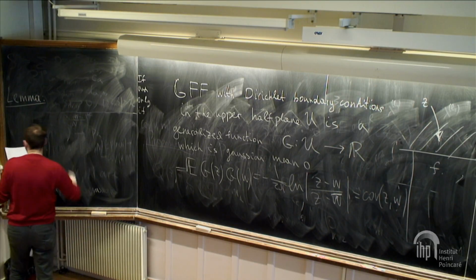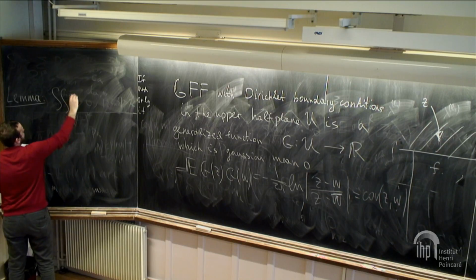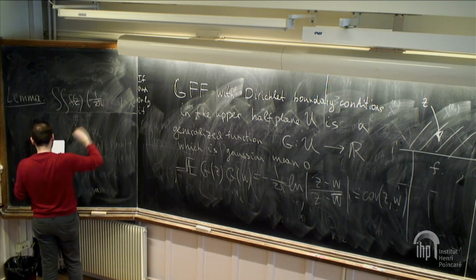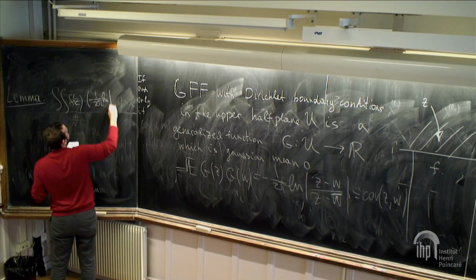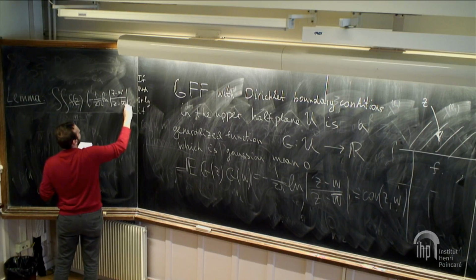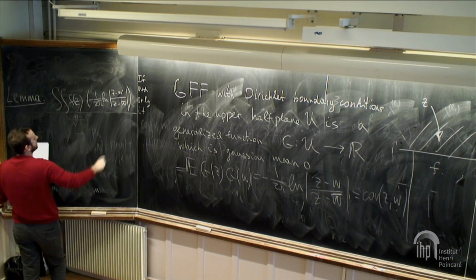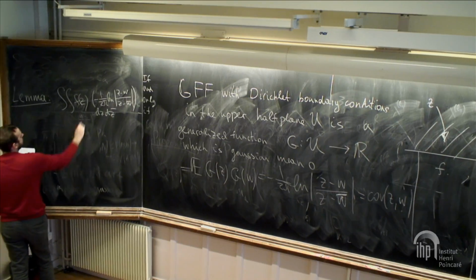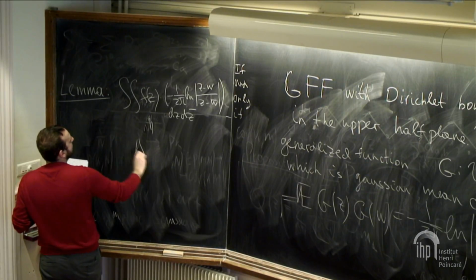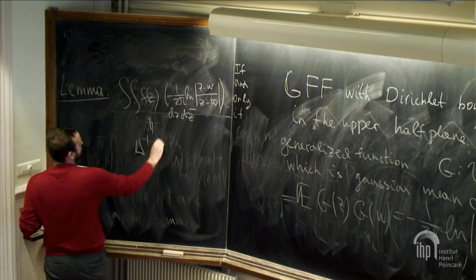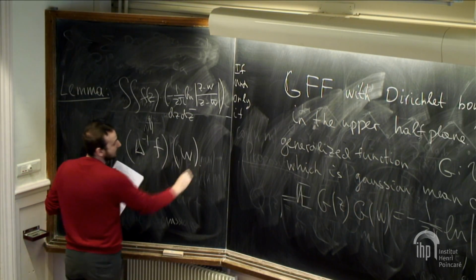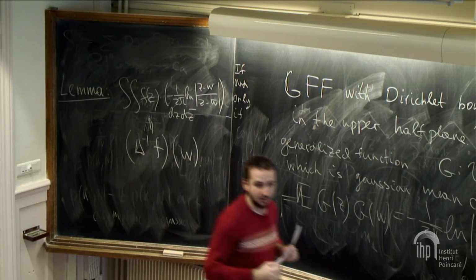So the lemma tells us that the double integral of f of z times minus 1 over 2 pi i logarithm of z minus w bar dz bar is equal to the inverse Laplace operator applied to the function f and then evaluated at a point w.